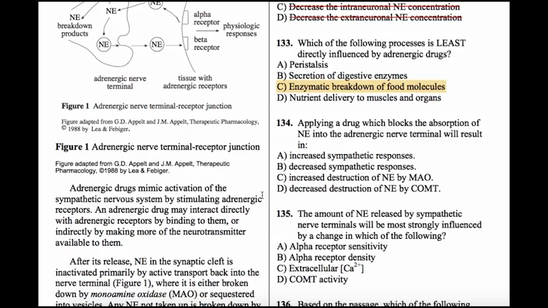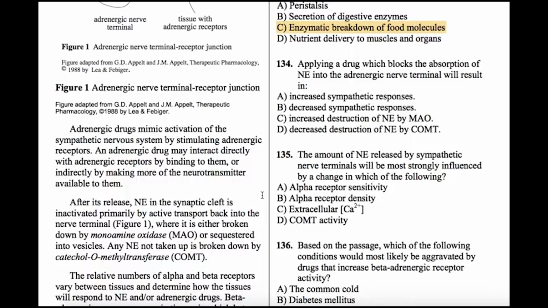So 134 says applying a drug which blocks the absorption of norepinephrine into the adrenergic nerve terminal will result in what? So just kind of a sidebar here. A lot of psychoactive drugs that you know are bad for you, for instance, cocaine, stuff like that, are actually reuptake inhibitors, and that's exactly how they work.